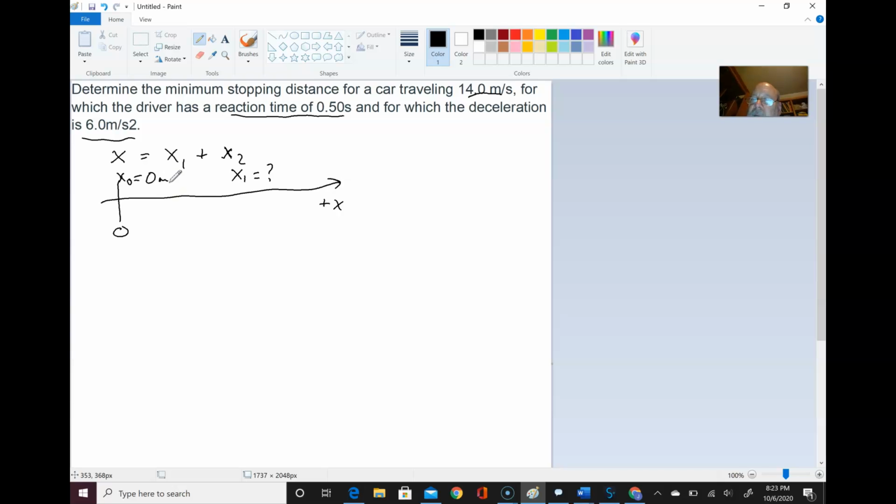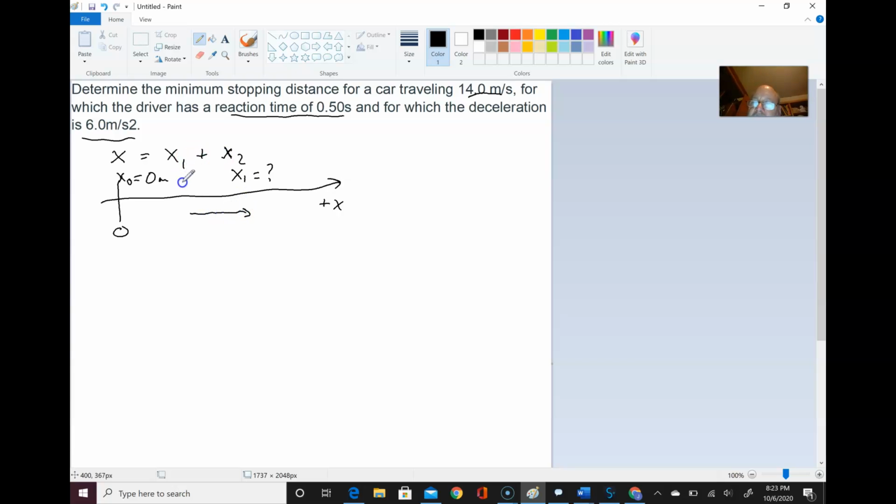Now in this case, for this 0.5 seconds, I'm traveling 14.0 meters per second, and I'm traveling 14.0 meters per second the entire 0.5 seconds. So I have a constant velocity here that I only have one arrow for.